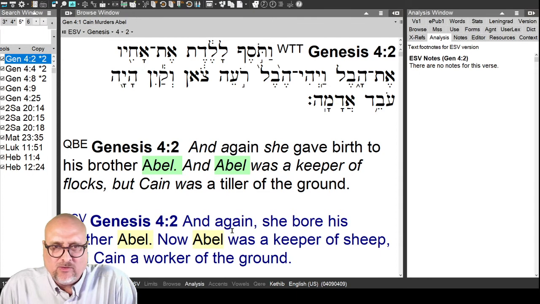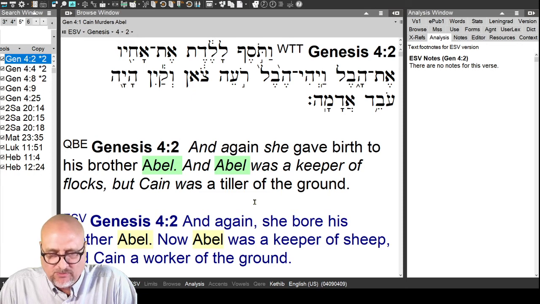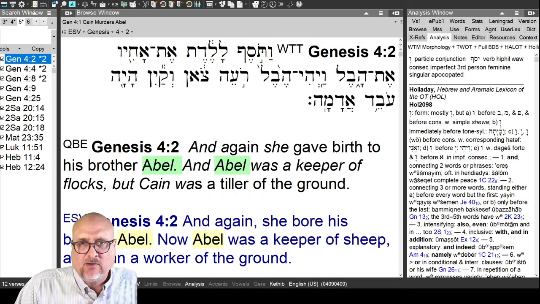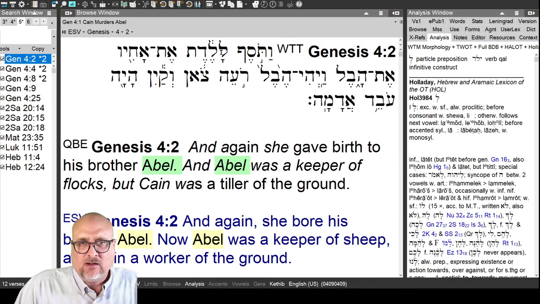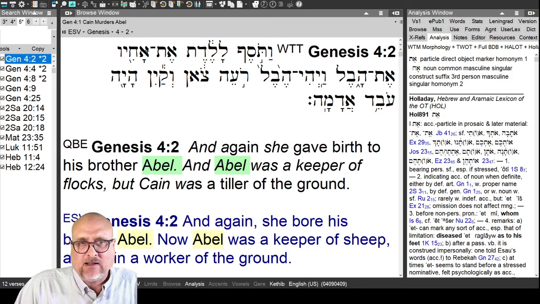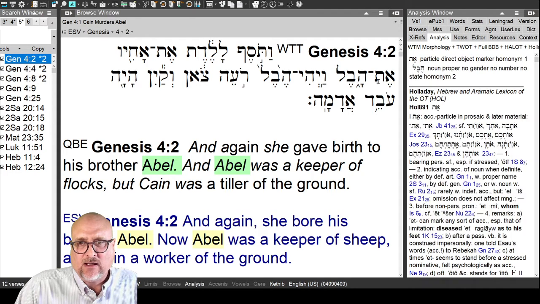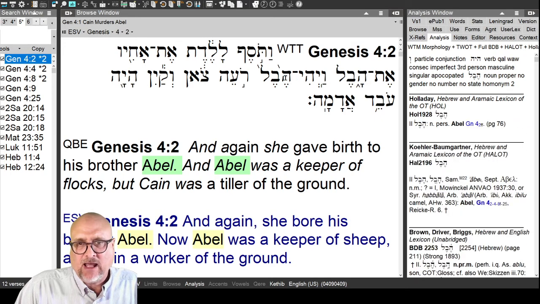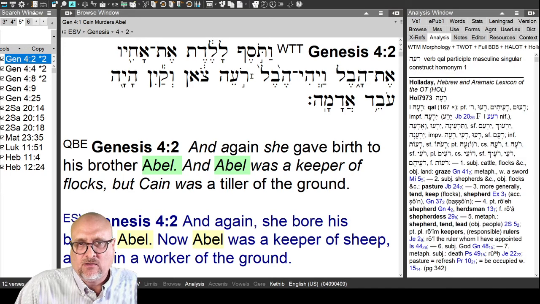So 4:2 is the first place that Abel appears. Can you find where the word Abel is in this sentence just by looking at the Hebrew? Vatosef laledet et achiv et hevel, vayehi hevel roeh.